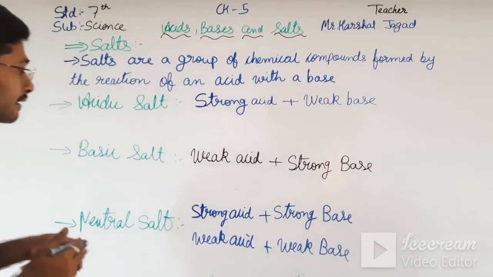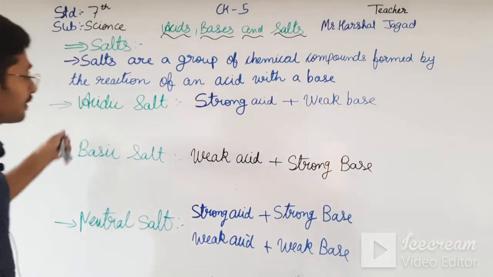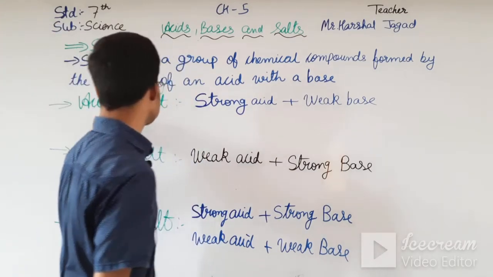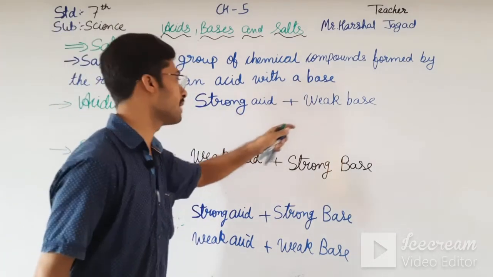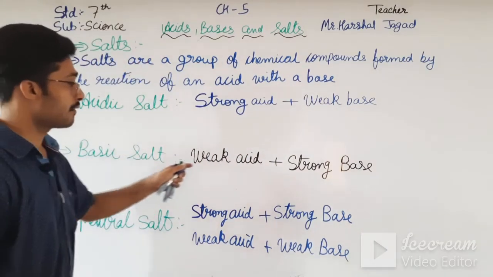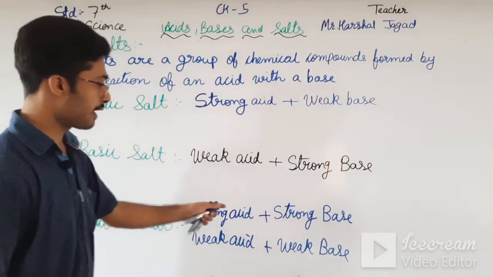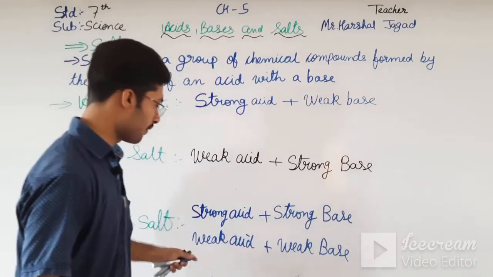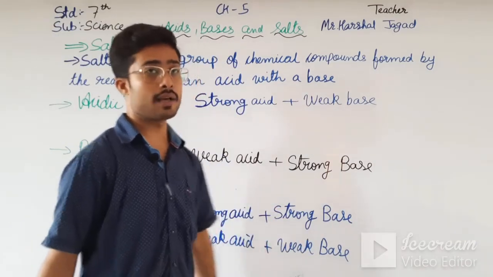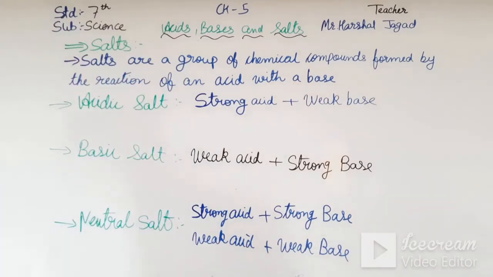So this is the acidic salt. This acidic salt means strong acid, weak base. Basic salt means weak acid, strong base, and neutral salt, that is strong acid, strong base, or weak acid, weak base. Okay, students.